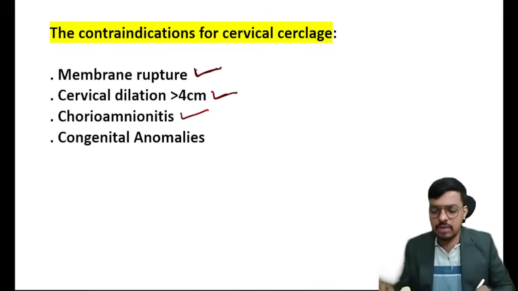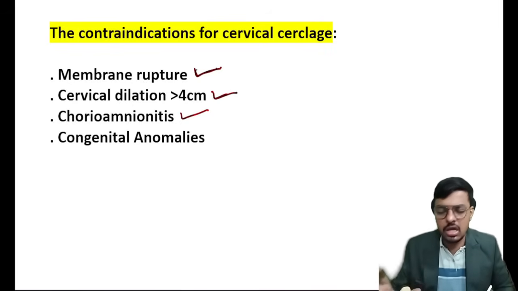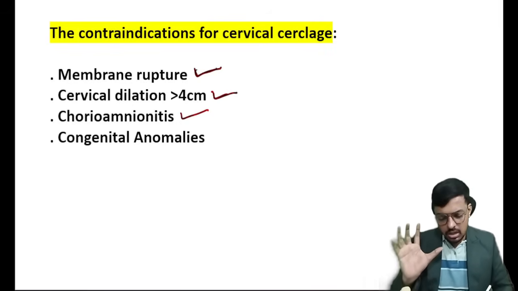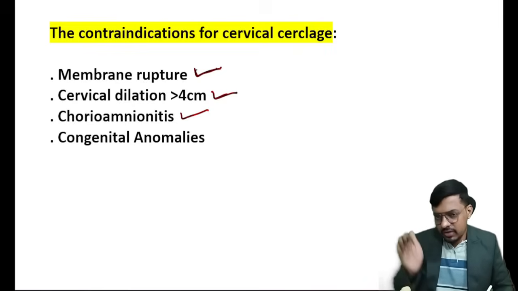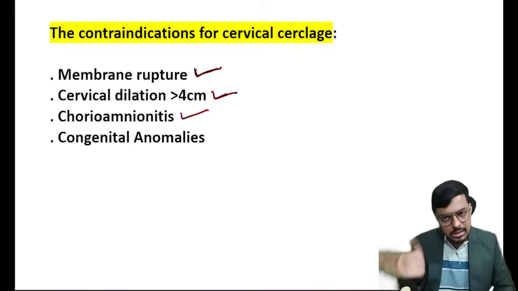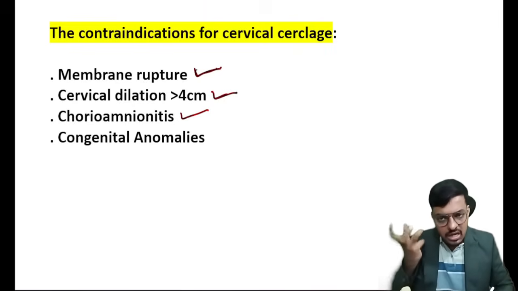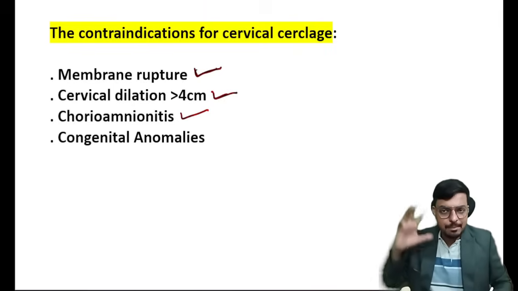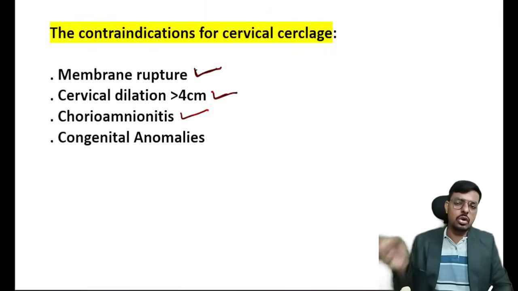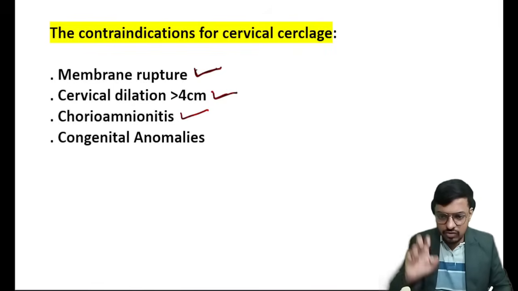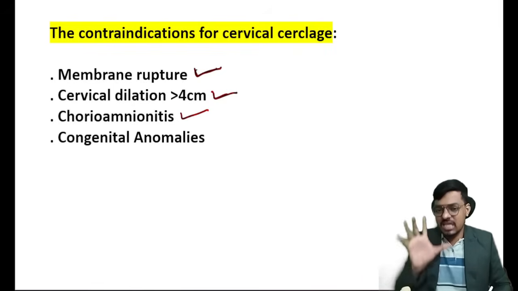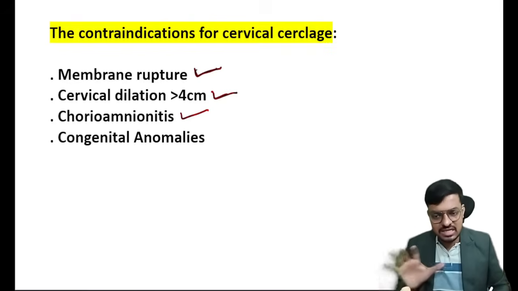And if the patient has an infection like chorioamnionitis, a fetal membrane infection, the internal fetal membrane is the amnion and the external fetal membrane is the chorion. If the amniotic and chorionic membranes get infected, chorioamnionitis happens, and in that situation also cervical cerclage surgery is contraindicated.